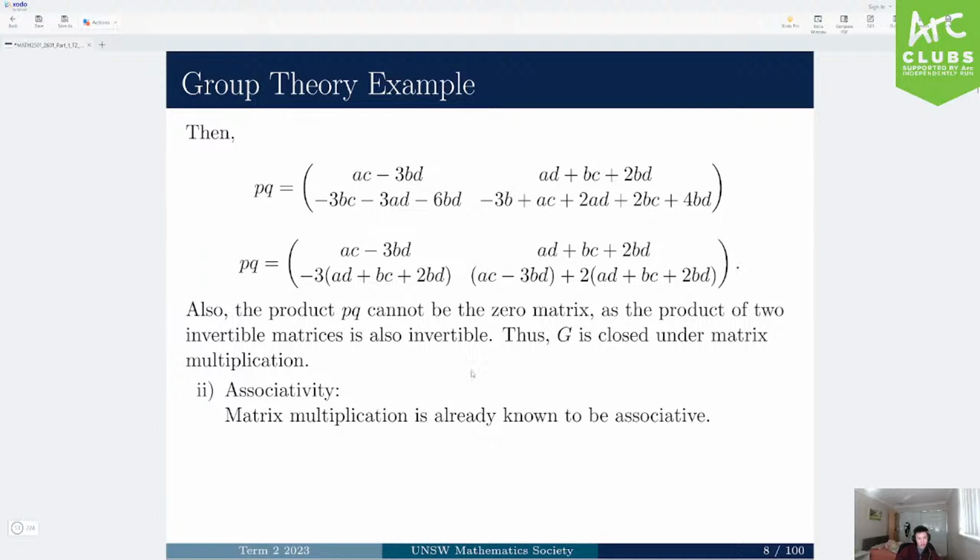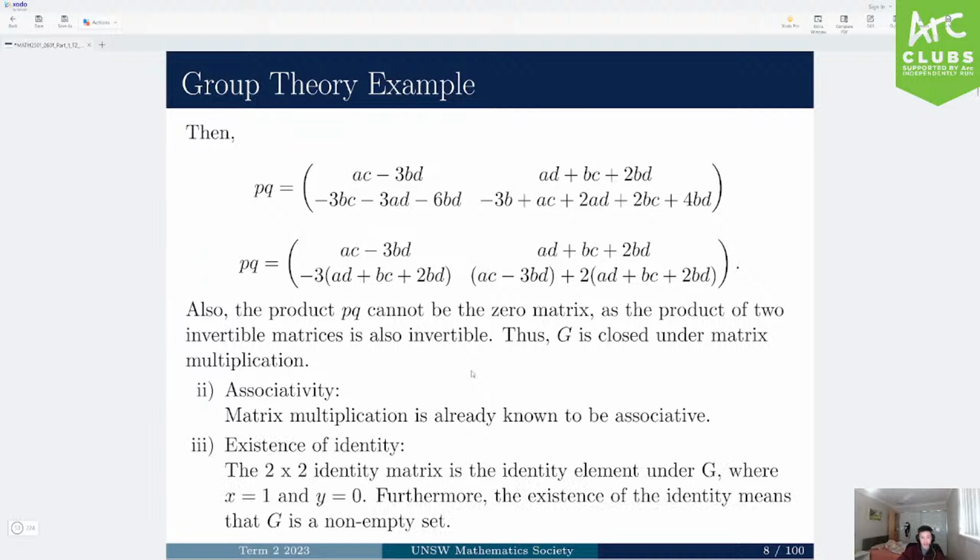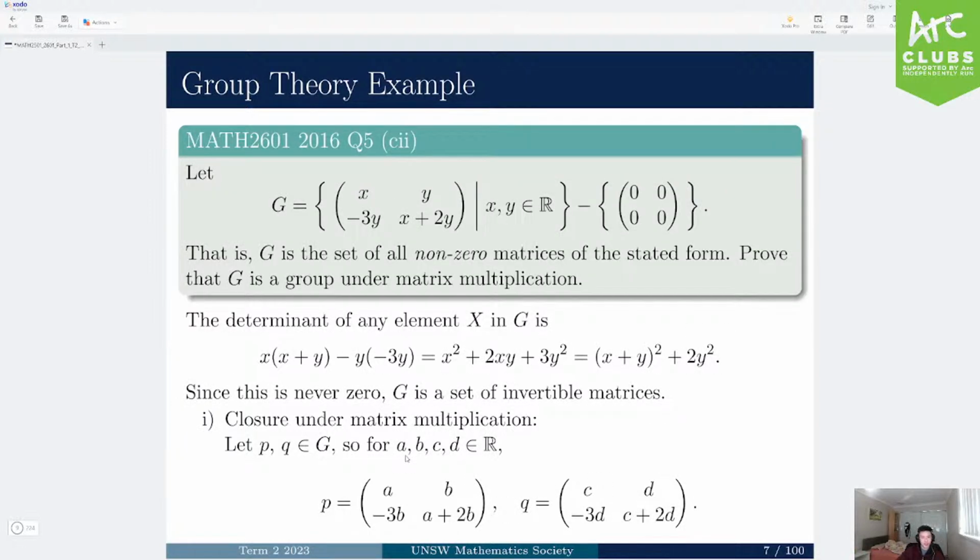Okay. Part 3 is the existence of identity. Well, we can just select the 2x2 identity matrix. We know that identity multiplied by any matrix is just that matrix. So if we select x to be 1 and select y to be 0, that would get us 1, 1 in the diagonal and 0, 0 in the other diagonal.